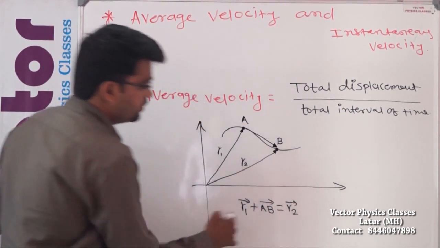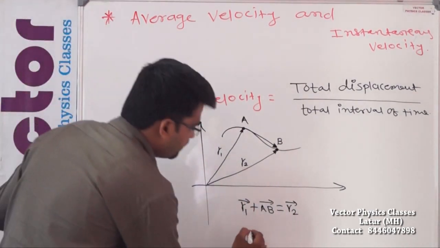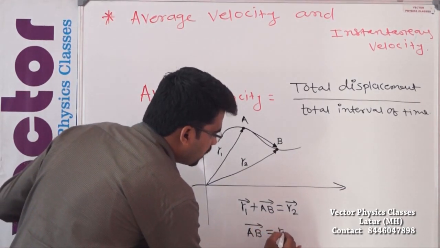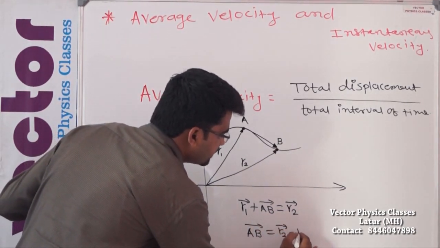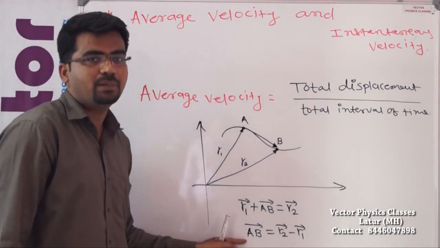So AB vector is equal to r2 vector minus r1 vector, and this is our displacement vector.